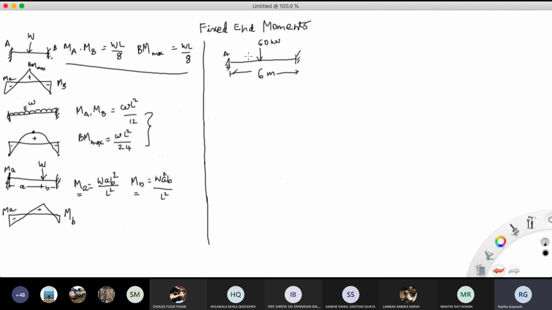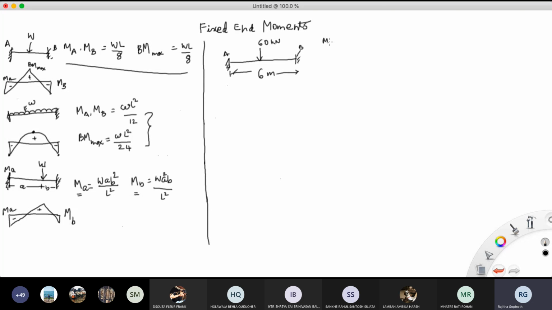And this is A and this is B. Find out the maximum bending moment and the bending moment at the ends. This is a very simple case, which is the first case here. You know that MA and MB is equal to WL by 8, whereas maximum moment is also WL by 8. So basically, you just need to find out one value here.